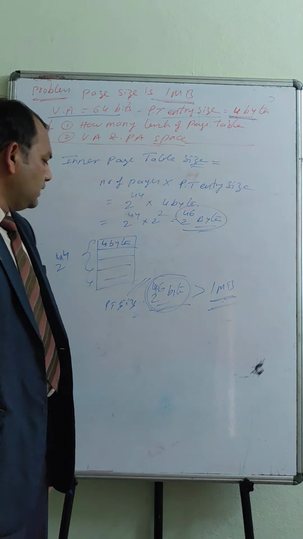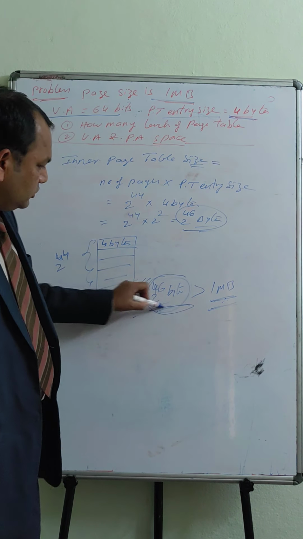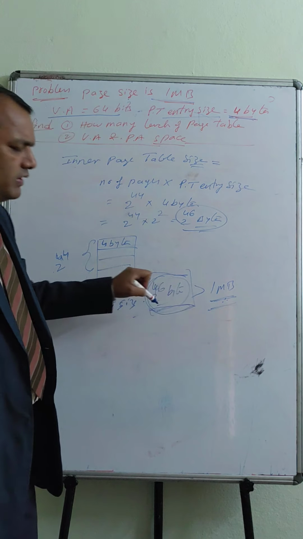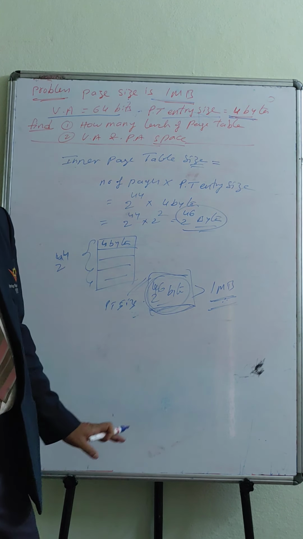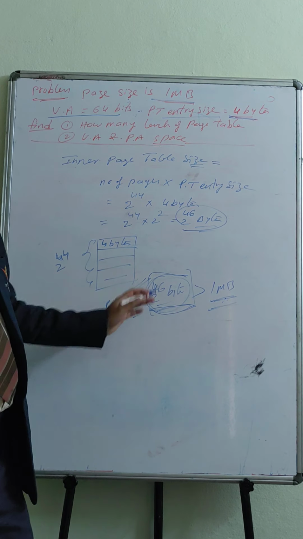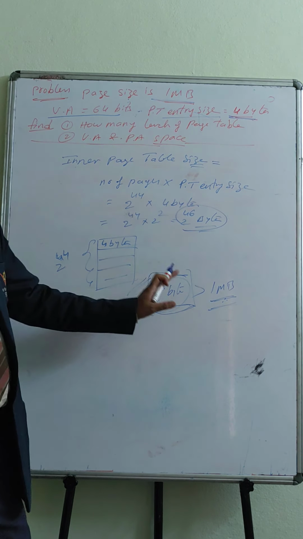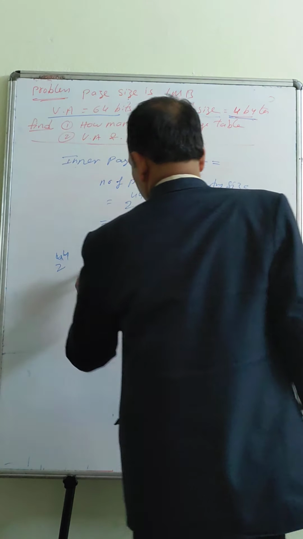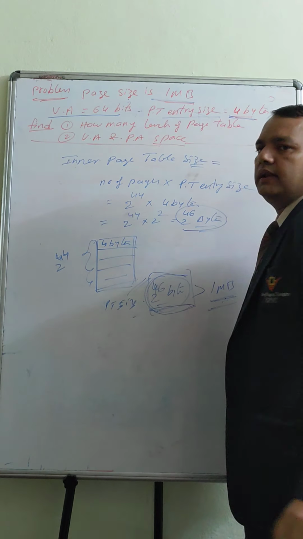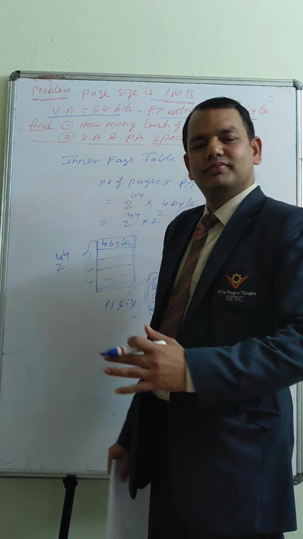We need to divide this 2 power 46 bytes, this very big page table, into smaller page tables. Now we got a big page table like this, and we'll divide it again into a number of pages.